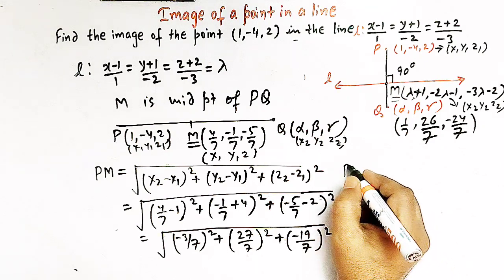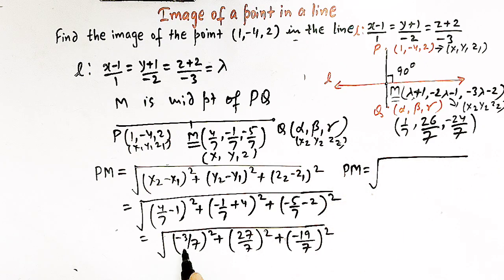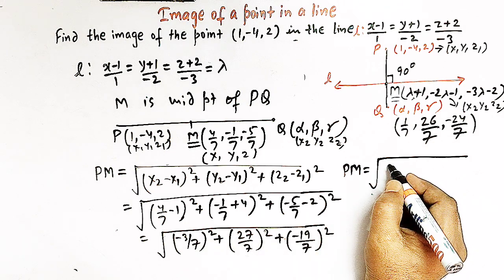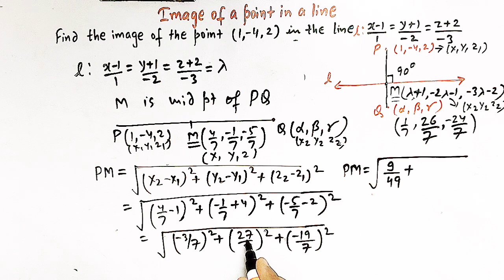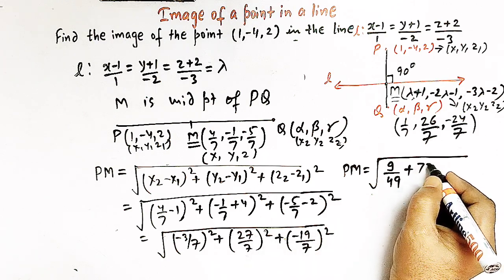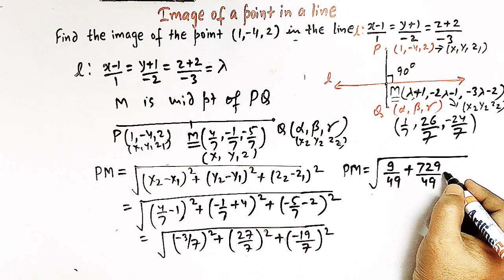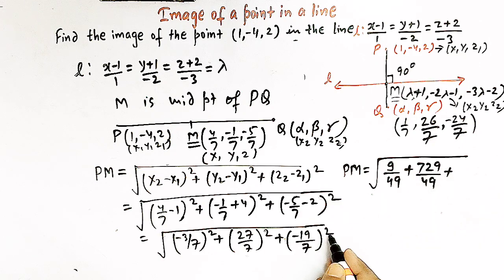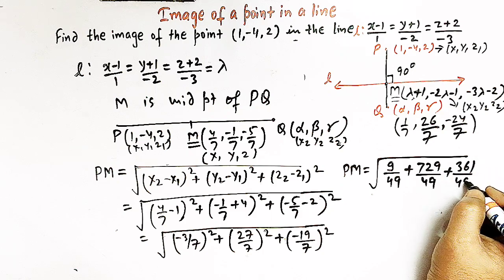So now we have here PM is equal to the square root of, this is simply 9 over 49, and here we have 27 square is 729 over 49, and then we have here 19 square is 361 over 49.